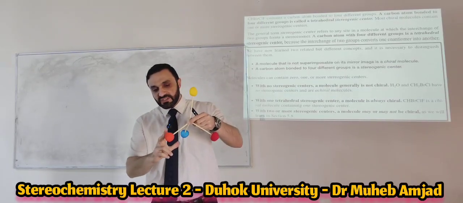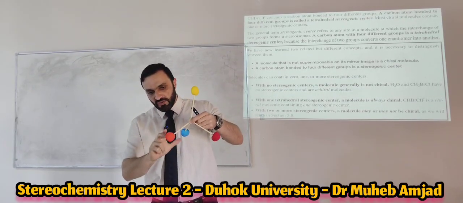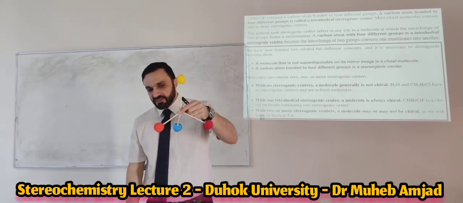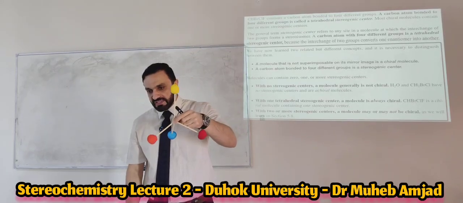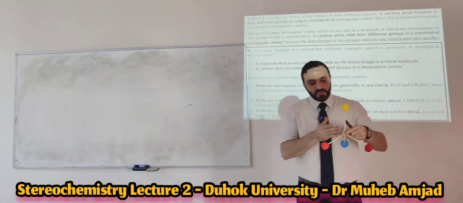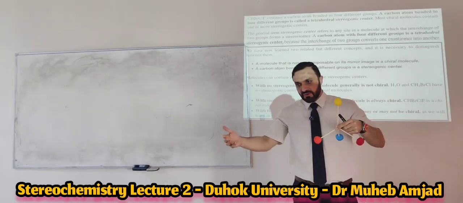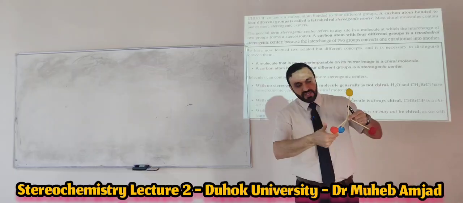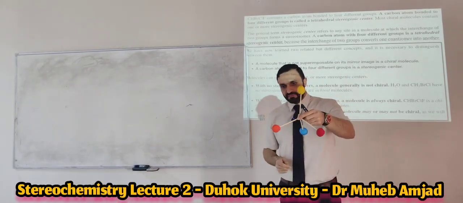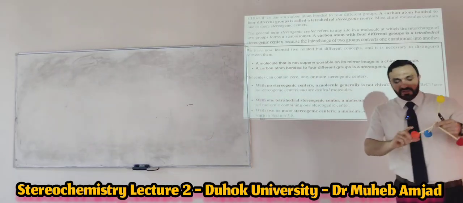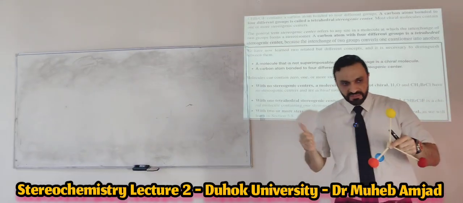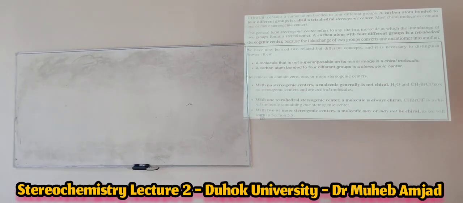If I change the position of 2 atoms, this or this or this, it will give you the second isomer. So, if I want to make the mirror image of this compound, I have to change the position of 2 atoms, this with this, or this with this. Changing the position of 2 atoms will give you the second isomer.